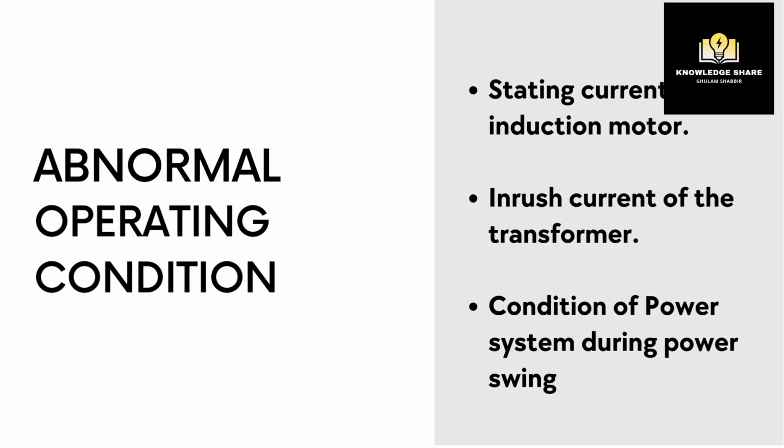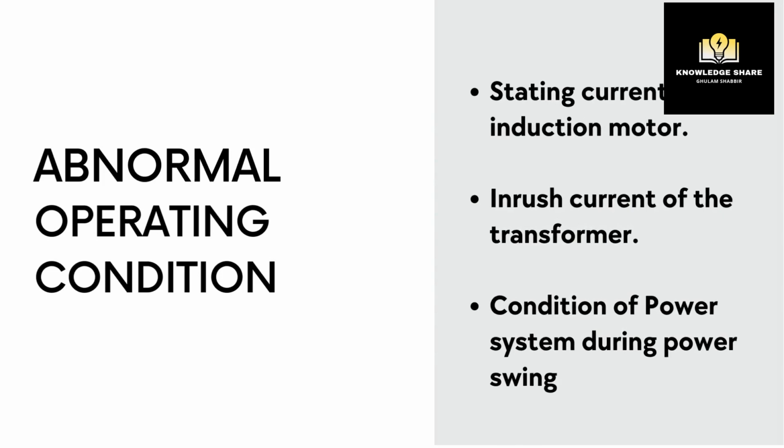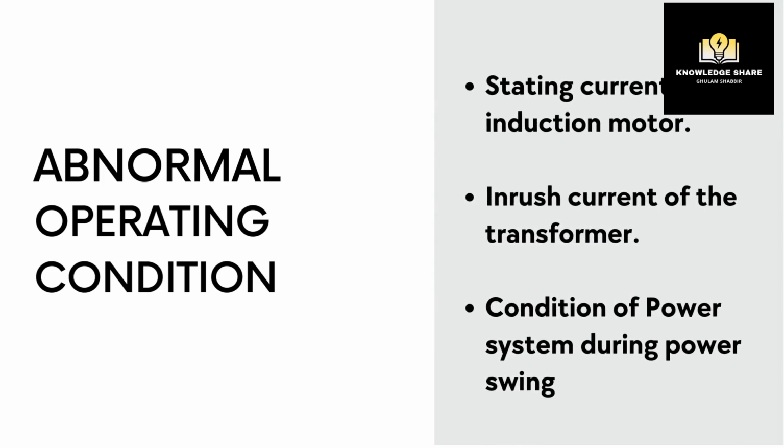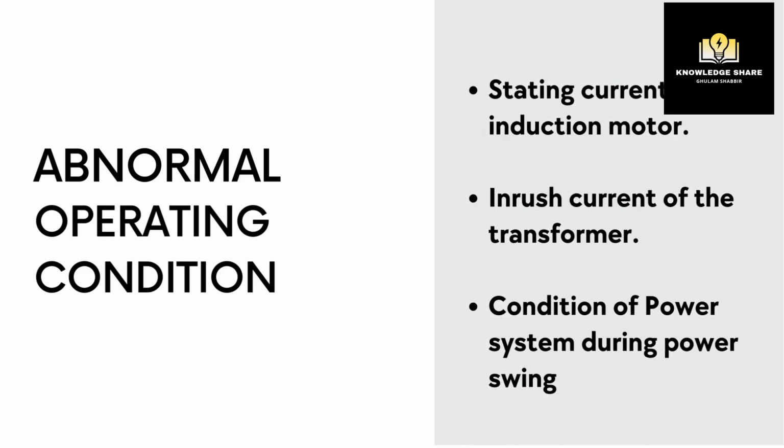These are the abnormal operating conditions. Magnitude-wise, these currents may qualify as a fault, but there is no need to provide protection from them. Therefore, the protection system must be able to distinguish between normal, abnormal conditions and the faults.